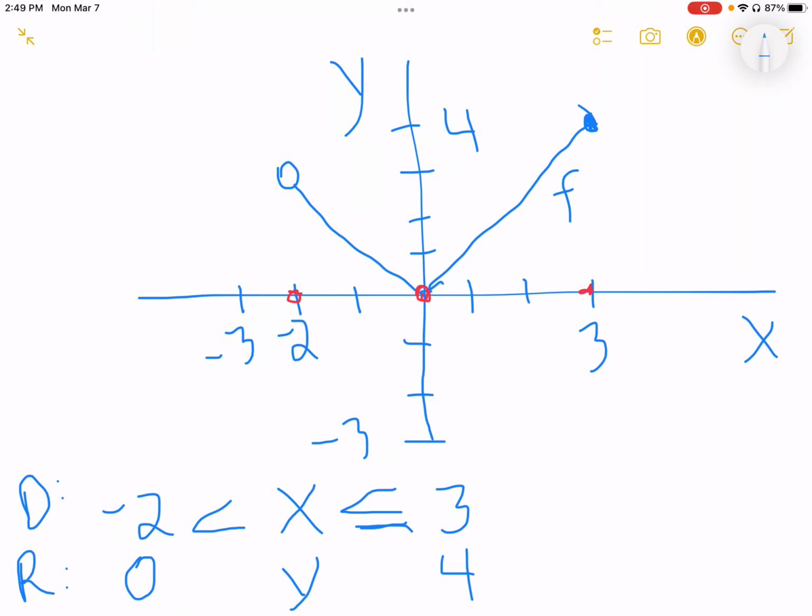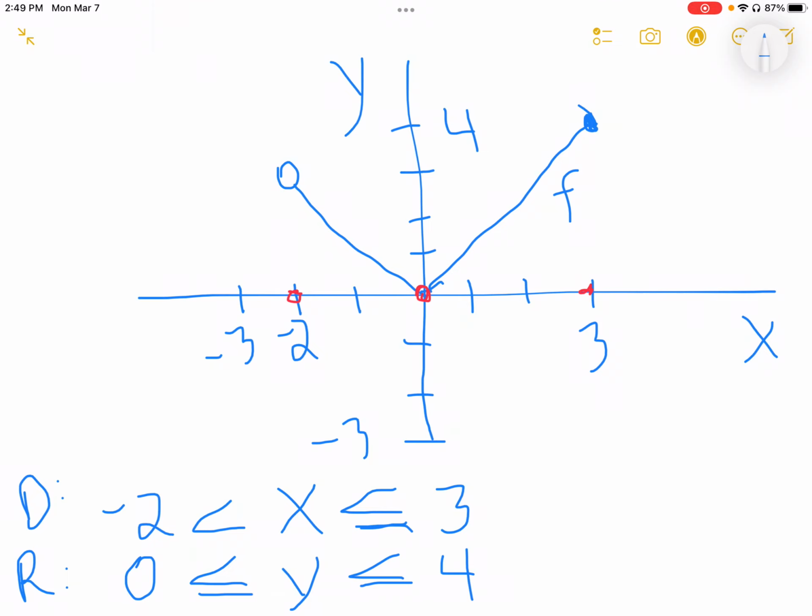I made a little circle in red at the center there, but it was never an open circle. So we'd say that 0 is less than or equal to y, and y is less than or equal to 4. That's how we would state the domain and range here.